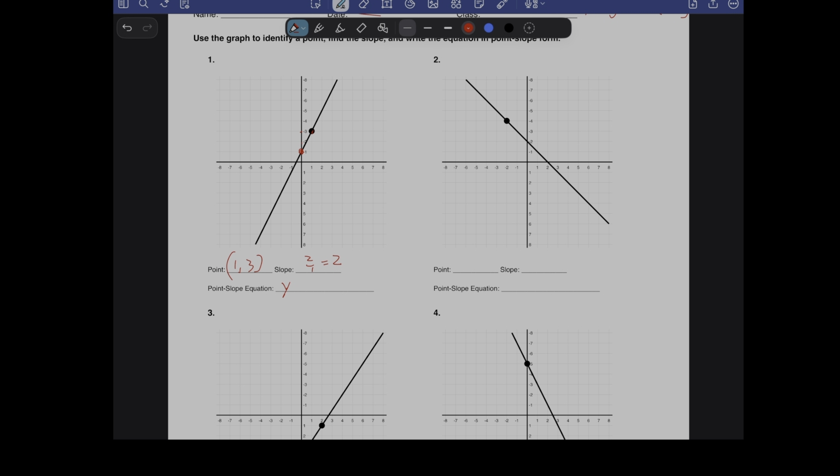I'm going to write y, because it's just part of the formula, y minus 3. Well, y and minus 3? It's a plus 3. The minus sign is in the formula, okay? So I am putting in a positive 3, but I put in a positive 3 in the formula that has a negative sign in it, okay? And that's going to equal m, which is 2, x minus, and what's my x?